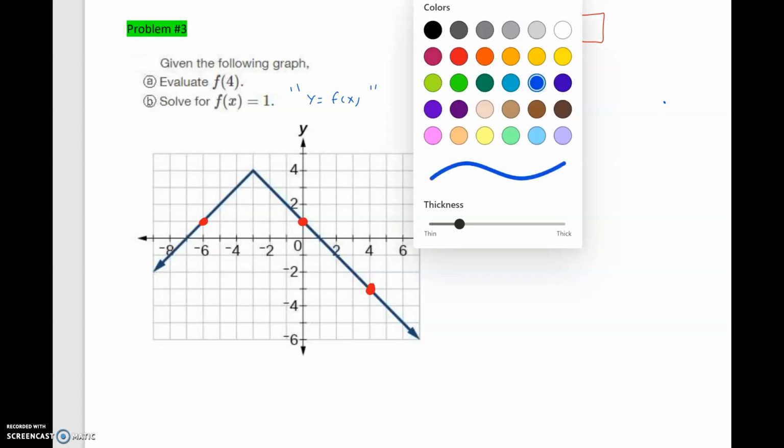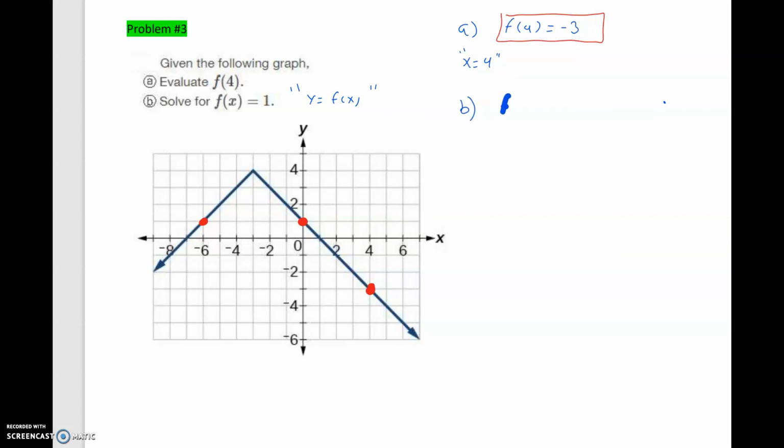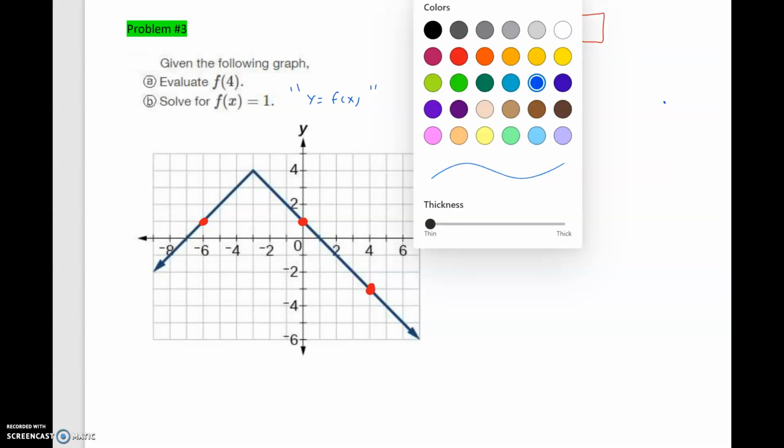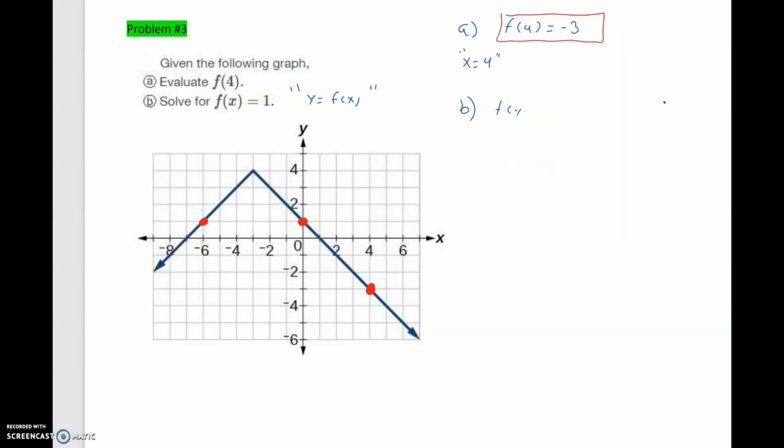So in this case, we would say that f of x is equal to 1 when we have x is equal to this value here, -6, or x is equal to this value here, which is 0.